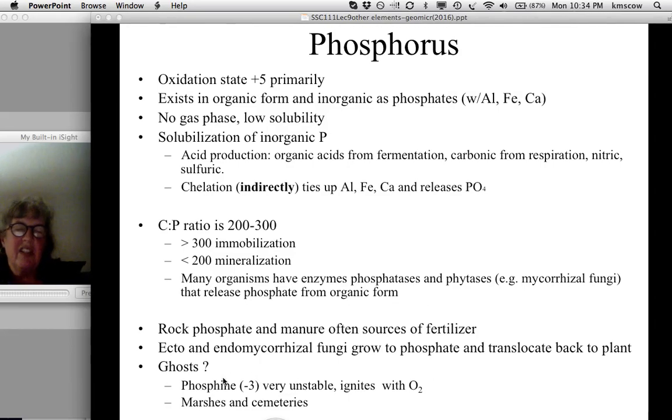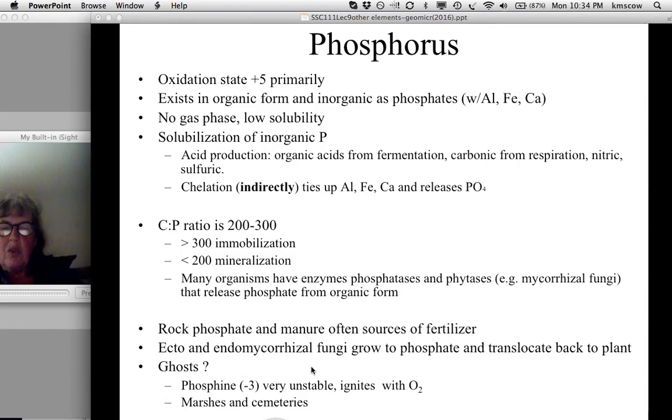And I just think it's interesting. I had a colleague when I first came, the guy who made the first mass spec ever and was sort of one of the fathers of biogeochemistry, Connie Delwiche. He used to say that he thinks that ghosts in graveyards were actually phosphine gas.